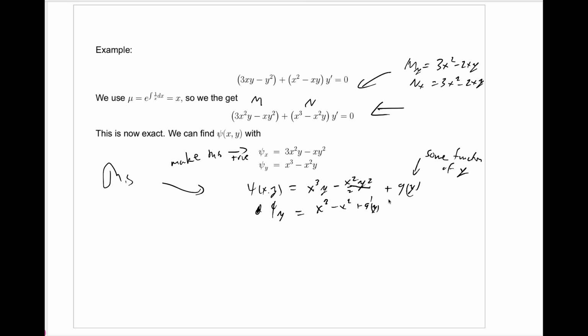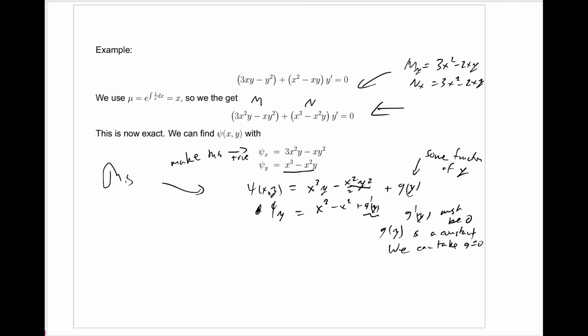So what that tells us is, since that's already exactly what we need c sub y to be, that tells us g prime of y must be 0. G can then be any constant. And we can take g equal to 0, because we're going to have an arbitrary constant coming up later.